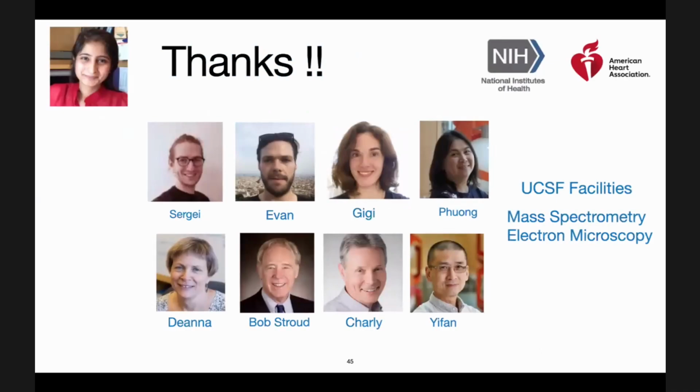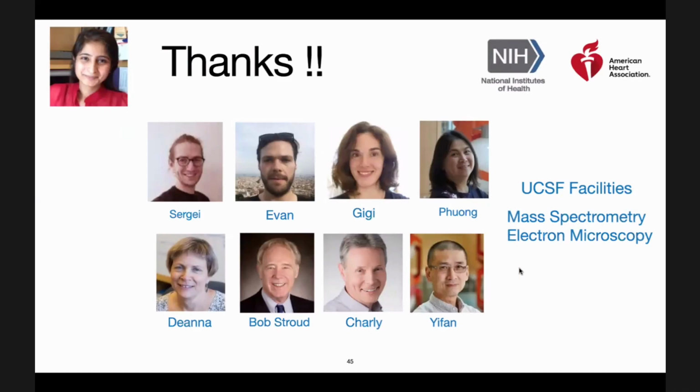So I would like to thank the whole team. It was such a collaborative project. We started with the Fong and Stroud Lab, with the expression and purification. Then we collaborated with Ifan's lab, with a graduate student in Ifan's lab, and optimized the cryo-EM conditions. For mass spectrometry, we took help from Gigi, and Sergey also helped with the later structures.